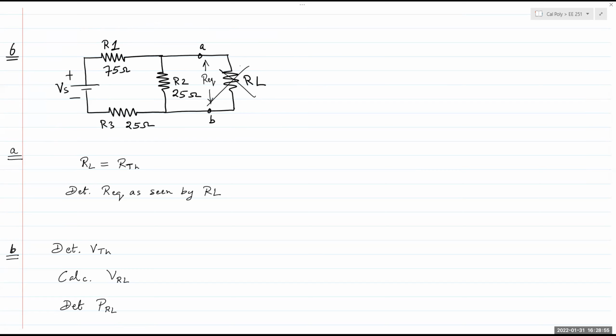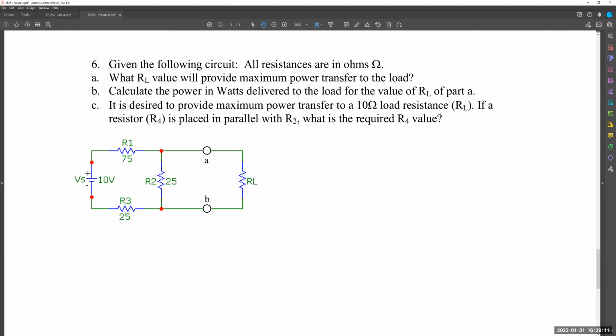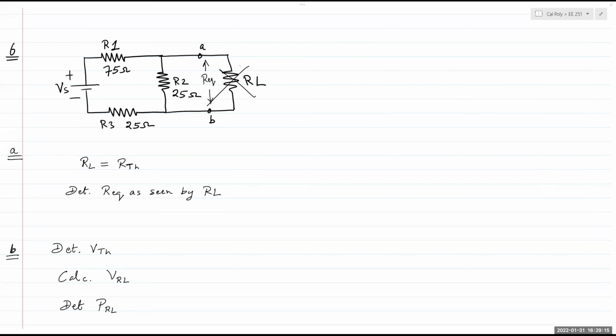All right. Now, the second question, 6B, asks you to calculate the power in watts delivered to the load RL for the value of RL that you determined in part A. So again, you have the value of the resistance RL that you determined in part A. All you need to do now is find PRL.